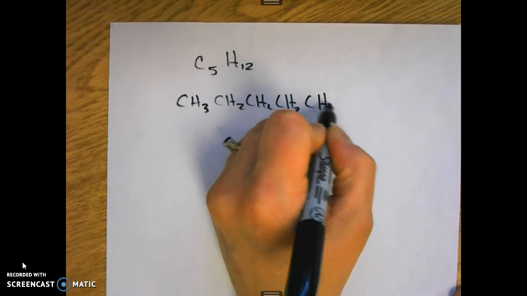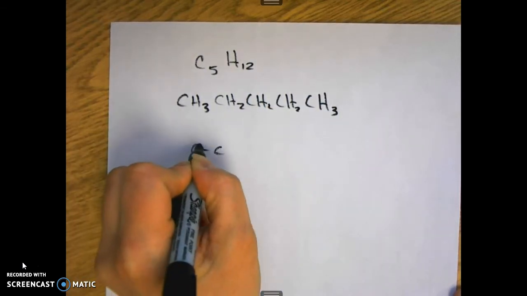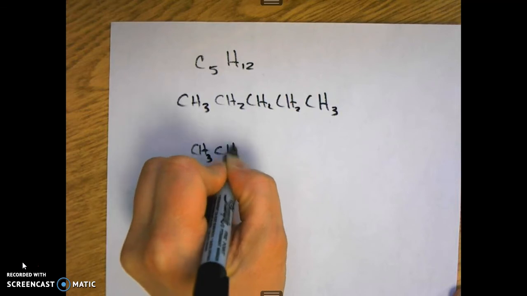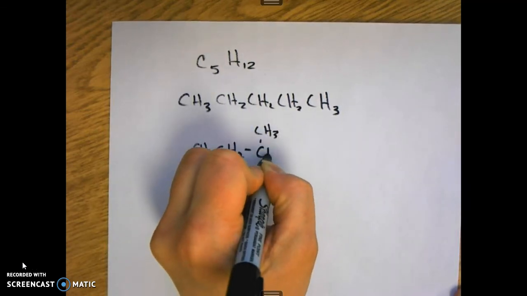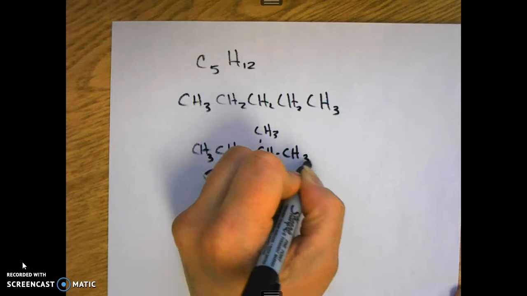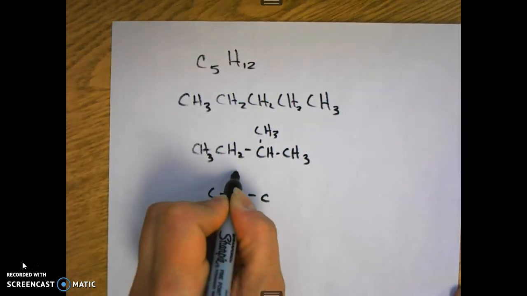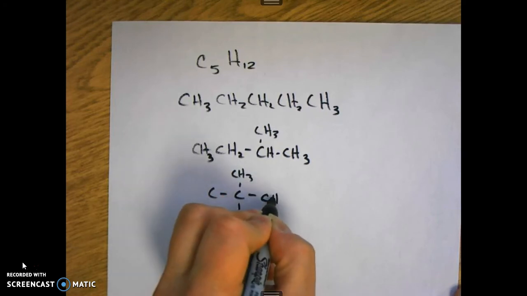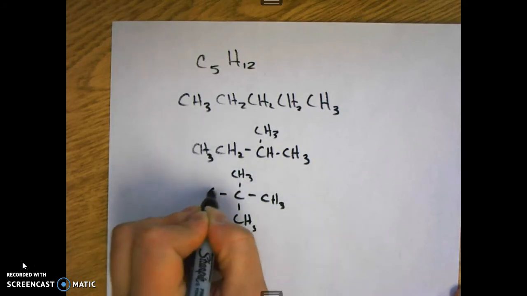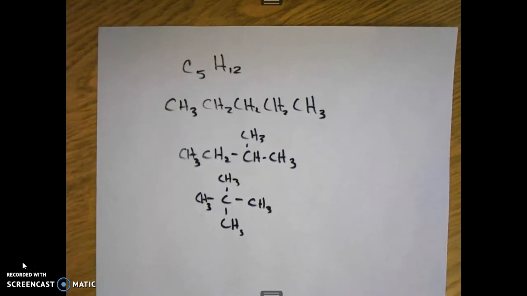We'll look at the straight chain pentane. Then let's look at the isomer with 1 branch. And then the isomer with 2 branches. So we've got 3 different isomers here.